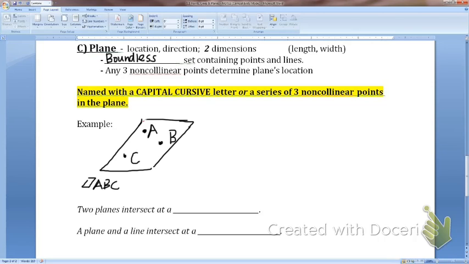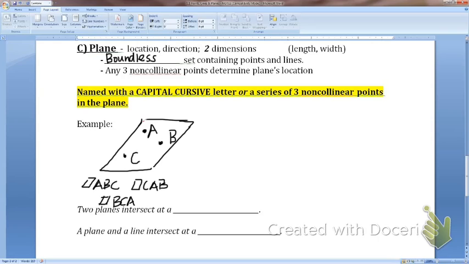We could say that this is plane C, A, B. Or we could say that this is plane B, C, A. And there's a few more, okay? It's just any 3 points in any order that are inside the plane, that are non-collinear.